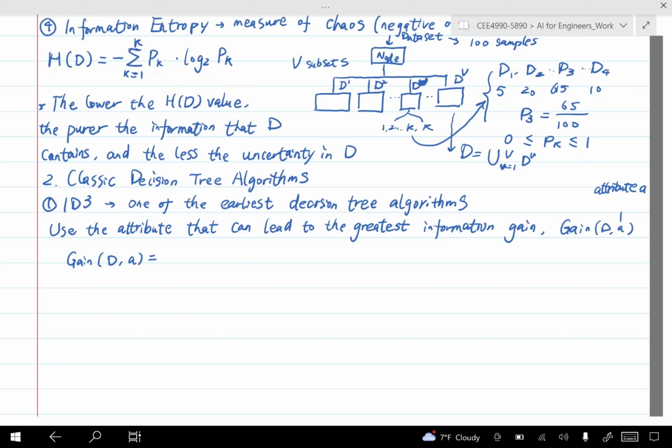That one is the information entropy of the data set D before splitting, minus the information entropy of the data that is split according to A.